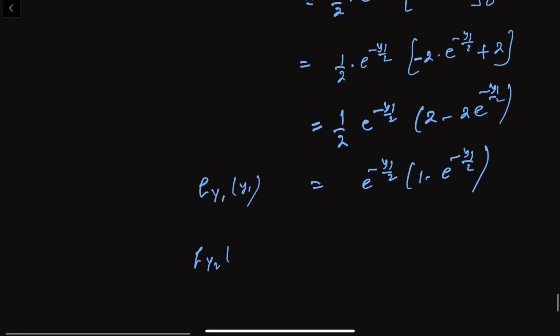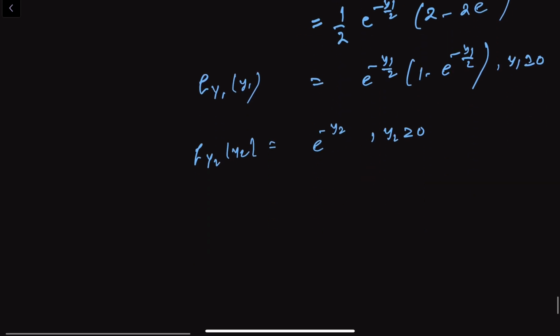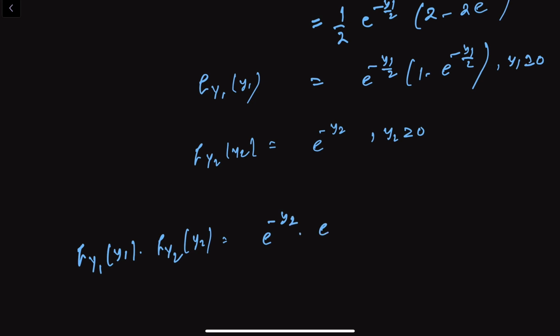So marginal density of y2, we got it as e to the power minus y2 when y2 is greater than or equal to 0. Here y1 is greater than or equal to 0. So we can clearly see, like if we multiply those two, fy2 of y2, which is e to the power minus y2 into e to the power minus y1 by 2 into 1 minus e to the power minus y1 by 2.